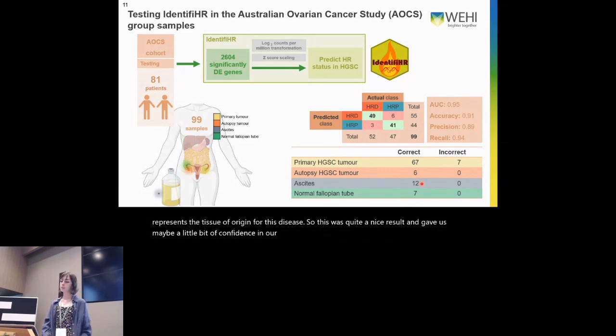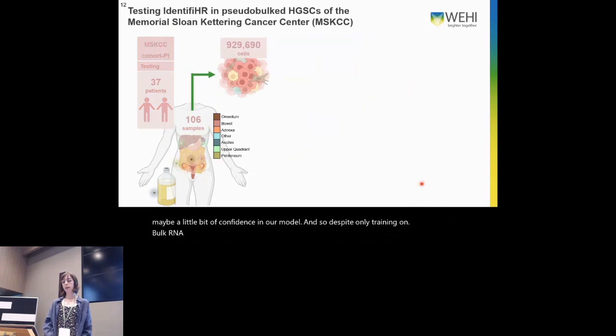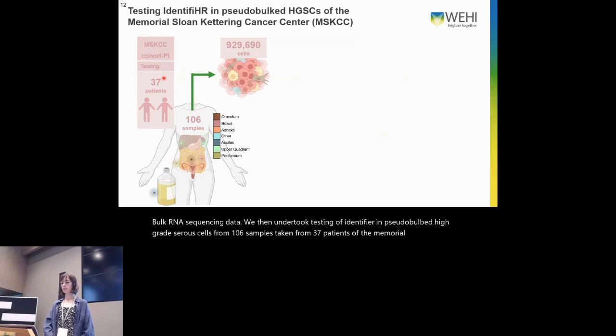And so despite only training on bulk RNA sequencing data, we then undertook testing of IdentifiHR in pseudobulk high-grade serous cells from 106 samples taken from 37 patients of the Memorial Sloan Kettering Cancer Center.